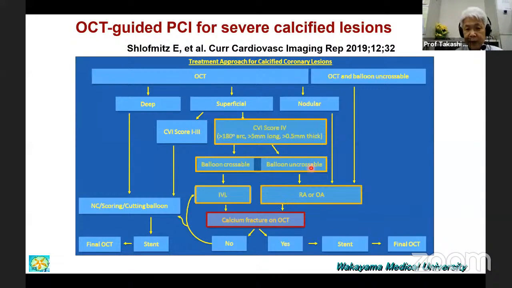And if the balloon is uncrossable, rotablator or orbital atherectomy should be used to make a calcium fracture finally, and then put a stent. If score is from 0 to 3, you can use a non-compliant balloon, scoring balloon, cutting balloon, and finally you can make a calcium fracture and you can put a stent.